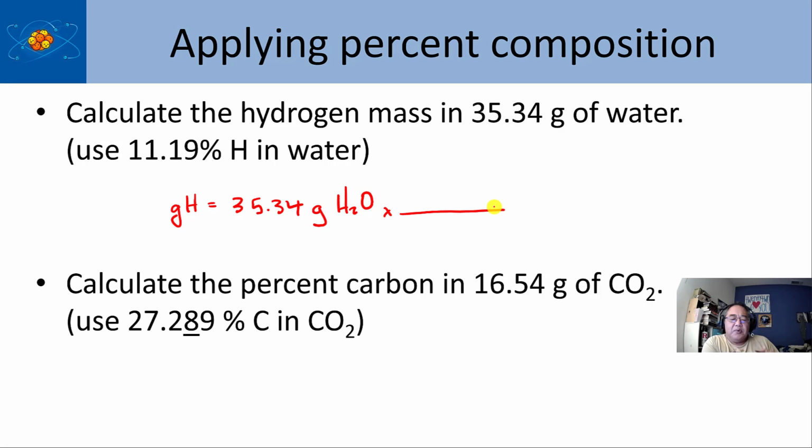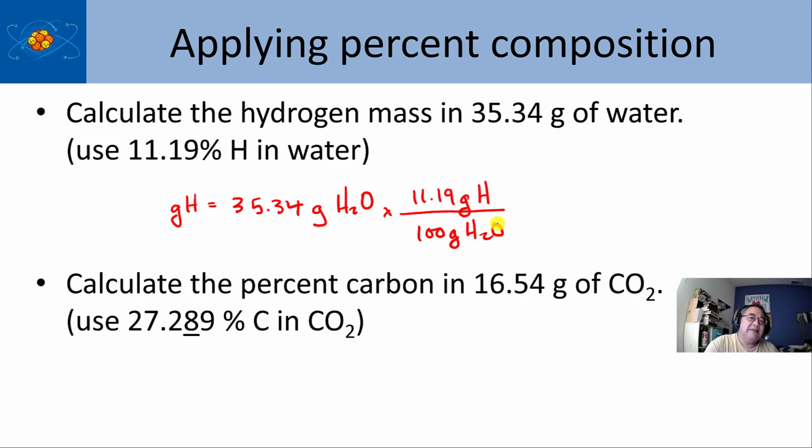Now, there's different approaches to this. One is to convert it into moles, and then moles of hydrogen atoms, and then mass of hydrogen atoms. But if you already have the mass percent, and by the way, that's a technique we'll cover later, what you can do is just say this. I have 11.19 grams of hydrogen for every 100 grams of H2O.